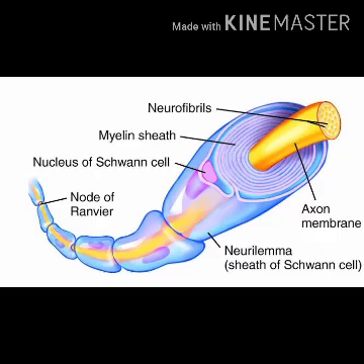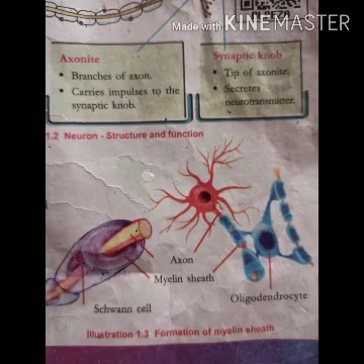The myelin sheath has a shiny white color. Therefore, the part of the brain and the spinal cord where myelin sheath is present in abundance is called white matter, and the part where non-myelinated nerve cells are present, that means myelin is absent, is called grey matter.